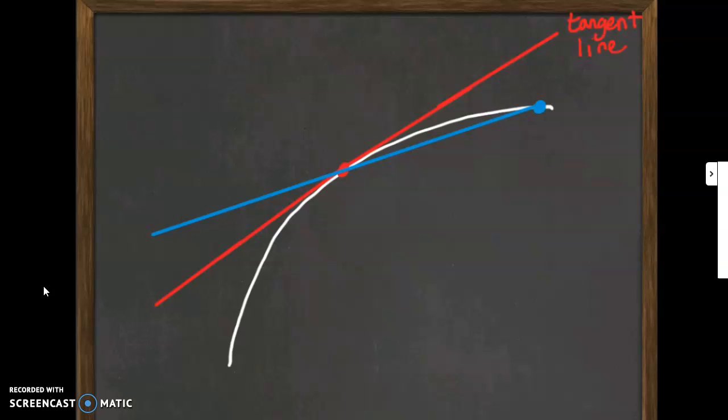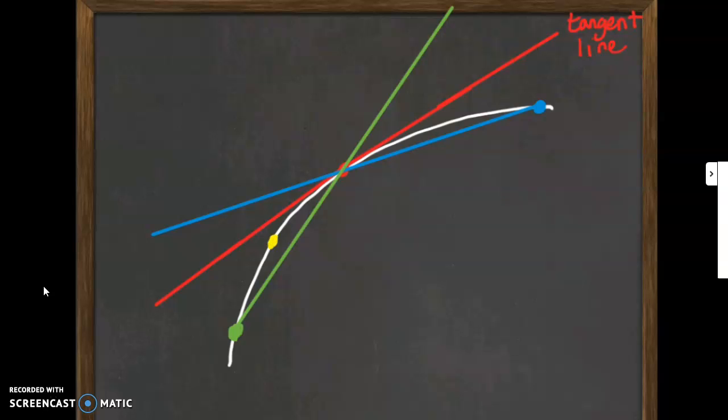So the slope of the red line is going to be bigger than the slope of the blue line. So I pick a second point here, and again look at that secant line. Here I notice that the green line is steeper than the red line, so its slope's going to be bigger. So if I know the slope of the green line and the slope of the blue line, then I could estimate the slope of the tangent line, knowing it's got to be in between those.